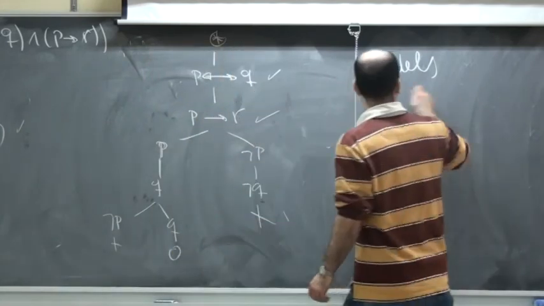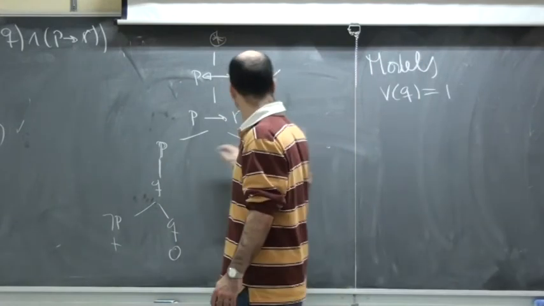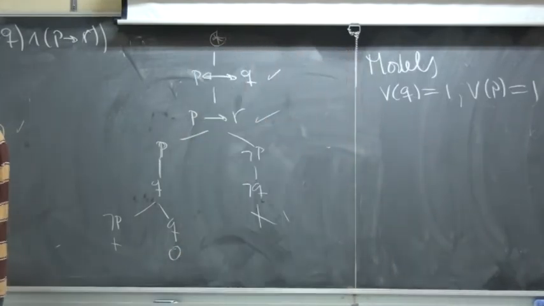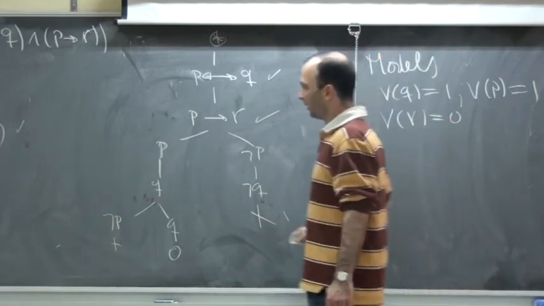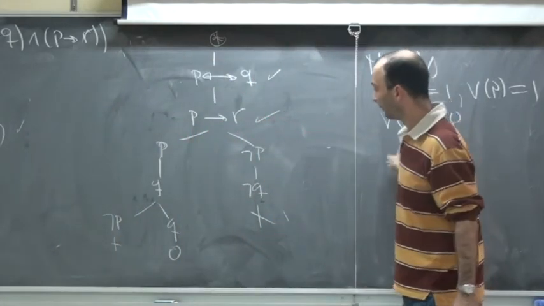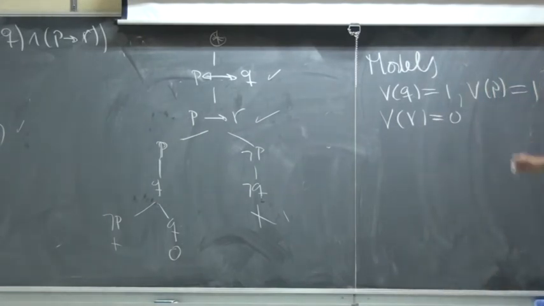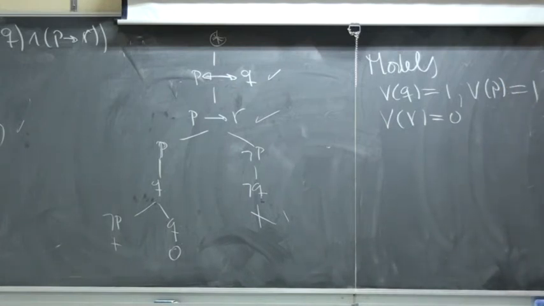So I get Q equals 1, P equals 1, R equals 0, and U was already set. But U was already found here, so I don't have to set it again. And that's my model. Do I have more variables? No, that's it. That's the only model. Right? Again, you'll be asked this in the exam.